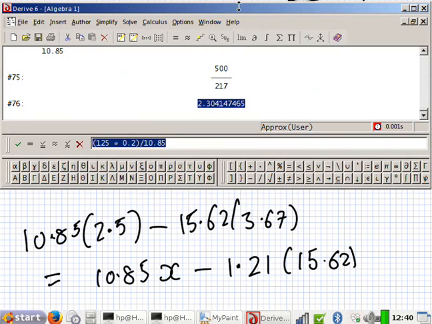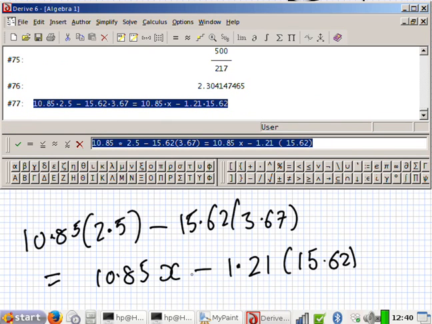Okay. So you have 10.85 times 2.5 minus 15.62 times 3.67 equals 10.85x minus 1.21 times 15.62. What type of equation is this? Linear.